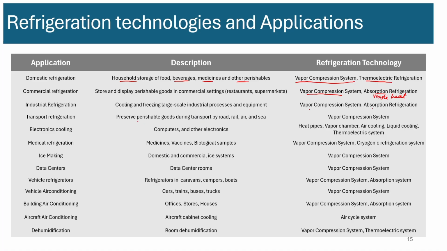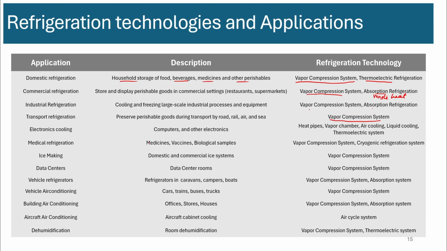Then you have seen refrigerated trucks, and you also see fruits, vegetables and other food items transported across the country, from one province to the other or from one country to the other. So how do we preserve such items in transport? You have refrigeration systems built inside these transportation systems. So the trucks may have air conditioning in their carriage areas. In this case also the primary system is vapor compression. There are other additional methods too.